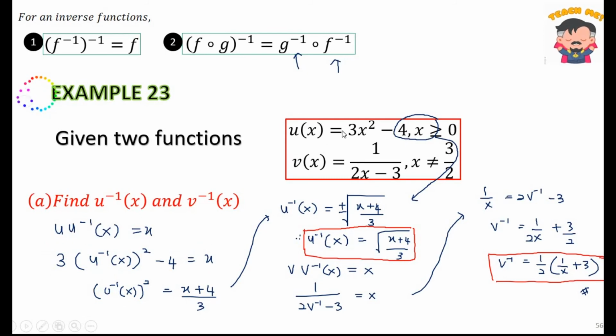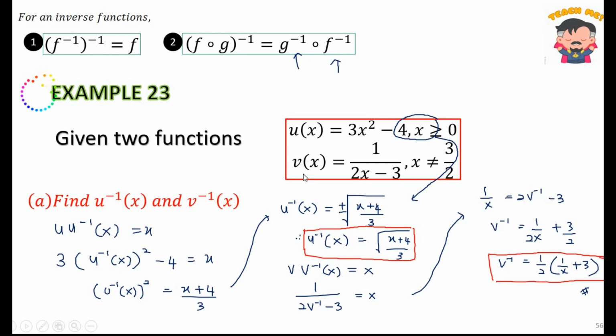For u inverse, you just substitute in: u of u inverse is equal to x, so you have 3 u inverse squared minus 4 equals x. Finally, you'll get u inverse equal to plus or minus the square root of (x plus 4) over 3. But because the domain for x is greater than or equal to 0, you just take the positive value. So u inverse of x is equal to the square root of (x plus 4) over 3.